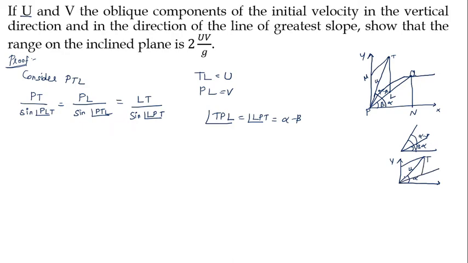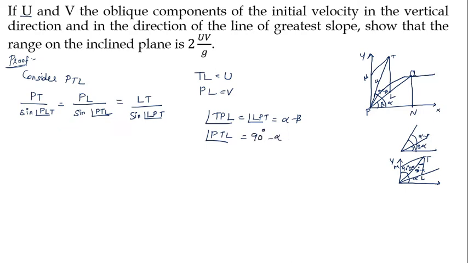When I consider this diagram alone, this is my alpha, so this will be 90 minus alpha. Alternate angles are equal, so this will be 90 minus alpha, right? So my PTL is 90 degrees minus alpha.